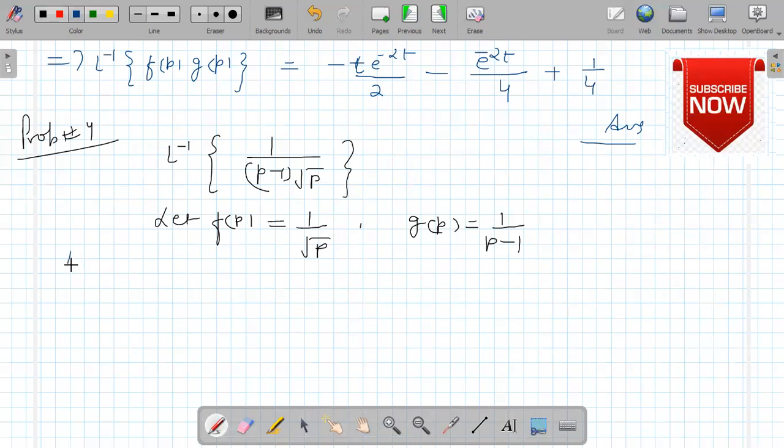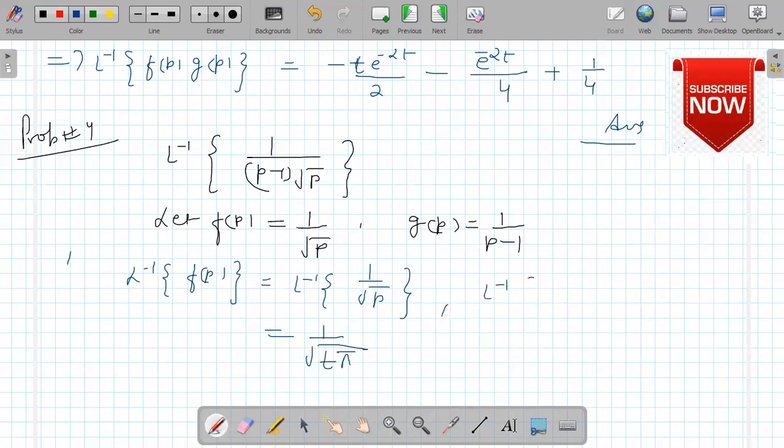So Laplace inverse of Fp is Laplace inverse of 1 upon square root of p. That is equal to 1 upon square root of t into pi.